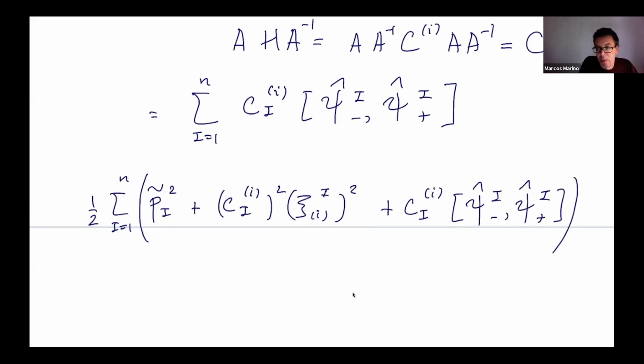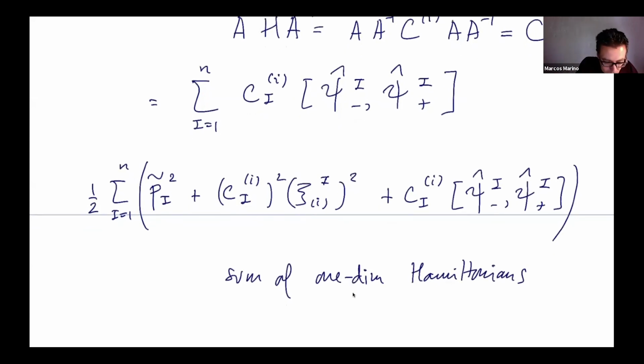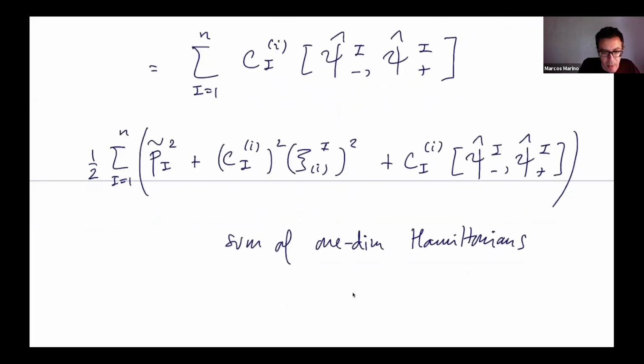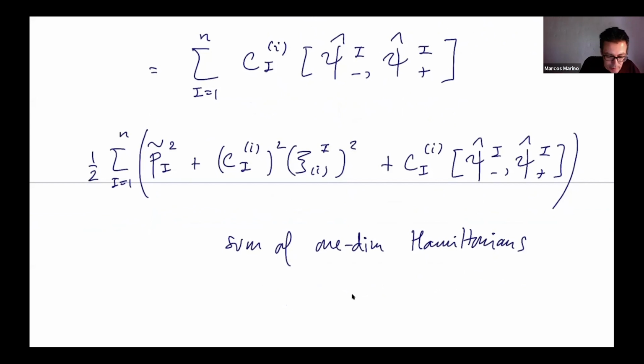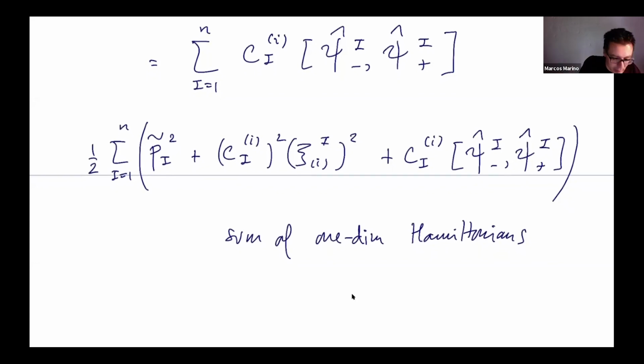So now the total Hamiltonian is a sum of one-dimensional Hamiltonians, in the sense that I completely decoupled all the modes, both bosonic and fermionic. Now remember that, since I have a one-dimensional Hamiltonian, I can use the representation of the algebra that I had before, and then I can represent psi i minus psi i plus by the matrix minus sigma 3. This is very easy to see, in the same way that we represented the opposite commutator by plus sigma 3.